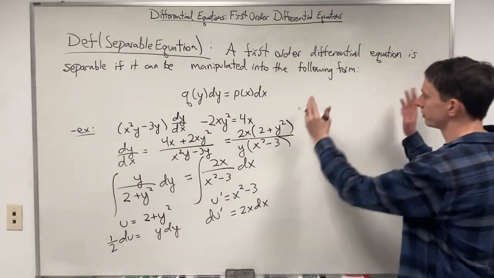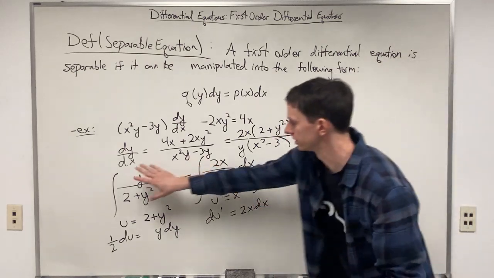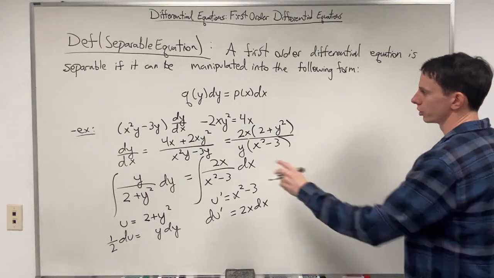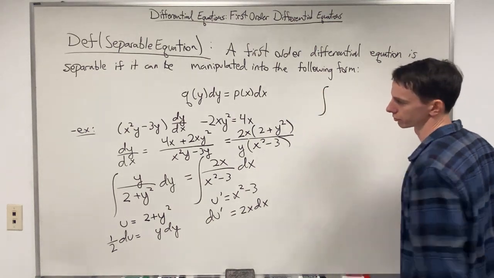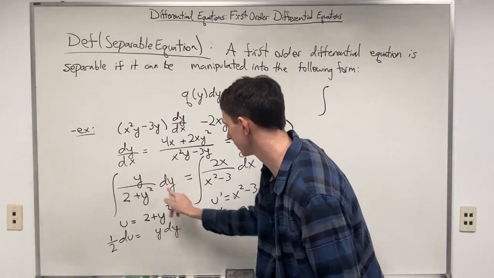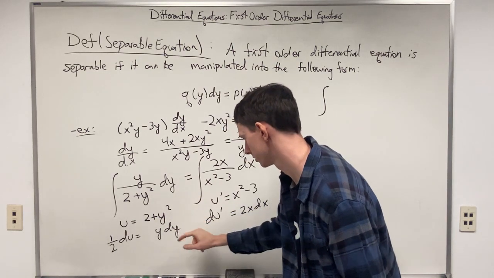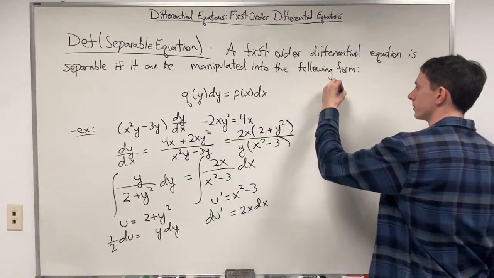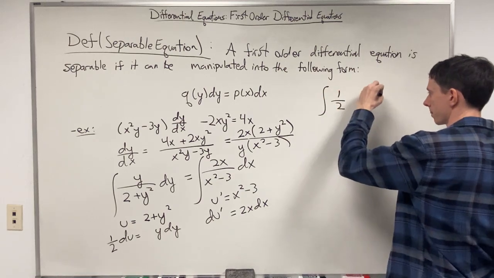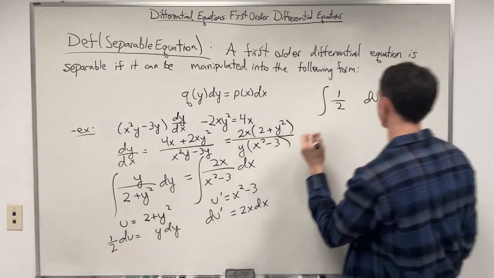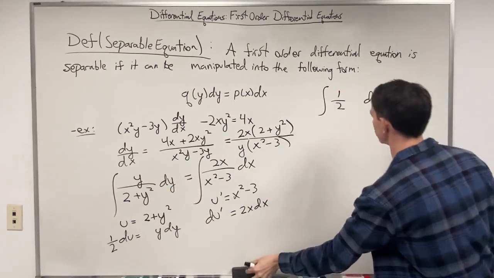So now maybe I'll come over here and just rewrite this equation in terms of u and u prime. For my left-hand side, I'm going to have the integral of y dy, which is 1/2 du, and then I'm going to have 1/u. Let me just rewrite this real quick.